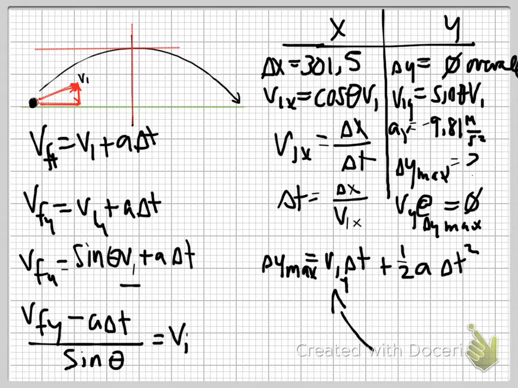I'm puzzling over this piece. So if we solve this for viy, then we would have an expression for viy, not vi. But that's the kind of repeated substitution that we're going to do.